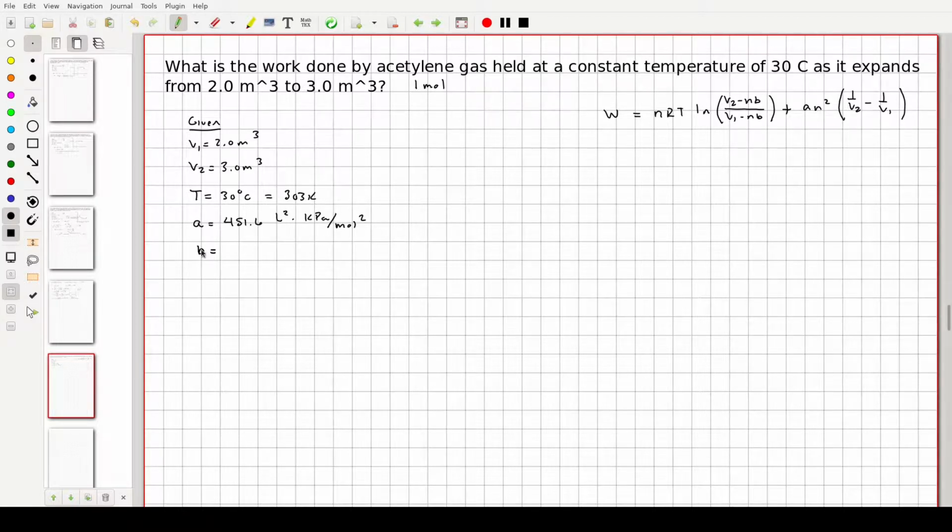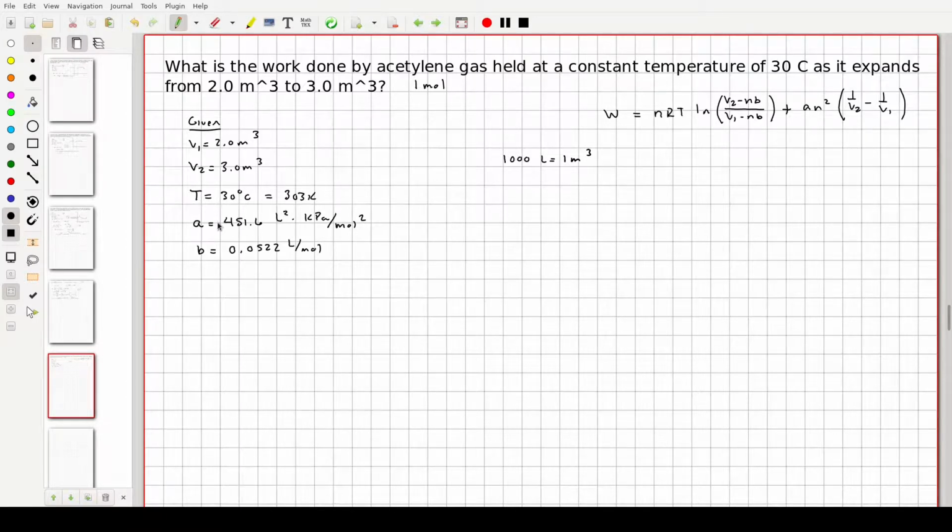The B constant is 0.0522 liters per mole. Now we're going to have to convert this to cubic meters and pascals. But let's not forget that there are 1,000 liters in 1 cubic meter.